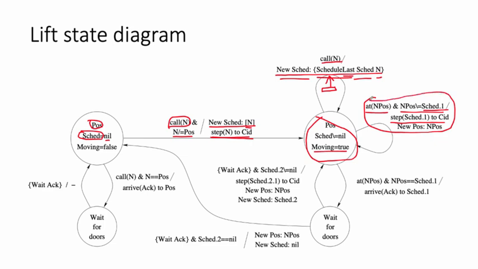If I make a step and I go to a floor, but it's not the floor I want to go to. I'm at floor 1, I have to go to floor 7. When I go to floor 2, it's not 7, so I keep going. 3, 4, 5, 6, until I reach 7. So this is kind of like a while, okay? This kind of state.